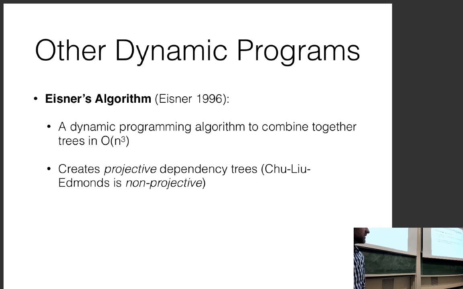Unlike the Chu-Liu-Edmonds algorithm, it can create a projective dependency tree. So the difference between projective and non-projective was explained in the reading, right? Yeah. So as we know, non-projective dependency trees can have crossed edges, etc. The Eisner algorithm basically is a bottom-up dynamic programming algorithm that ensures that you can get projective dependency trees.